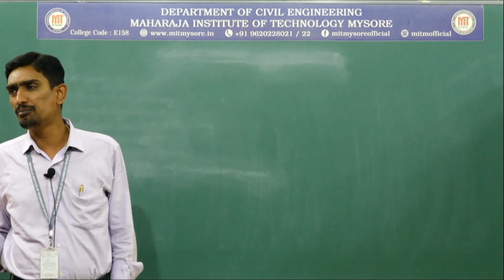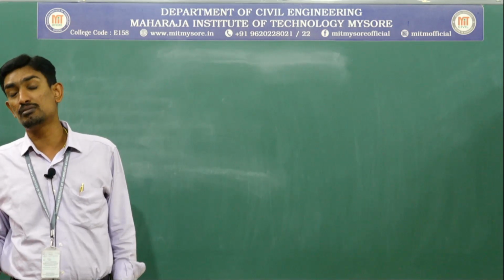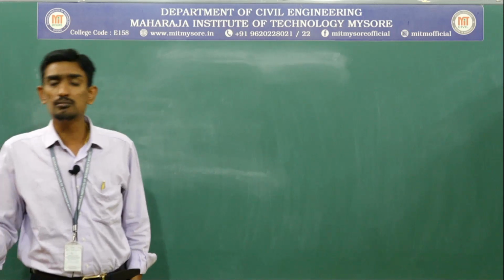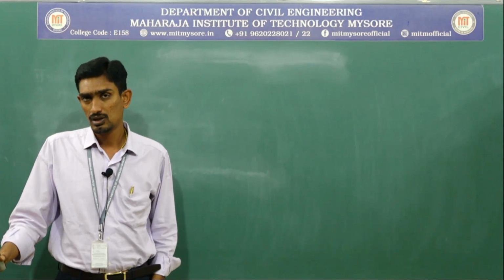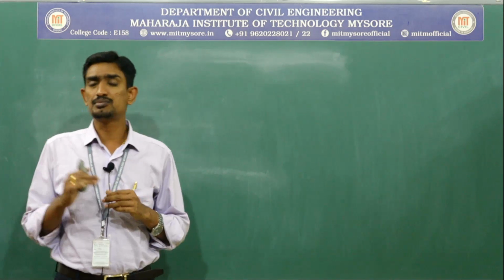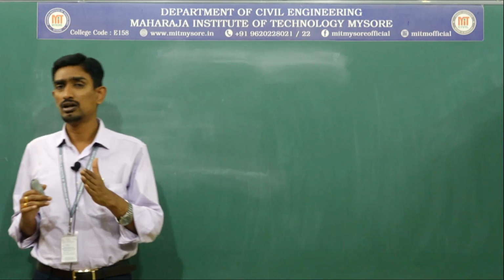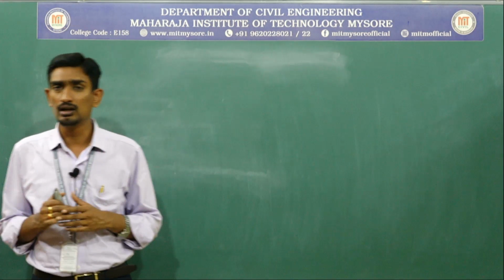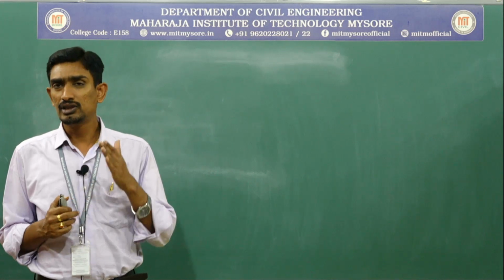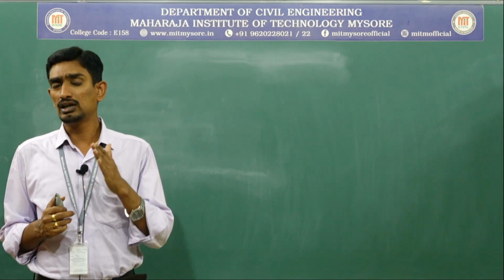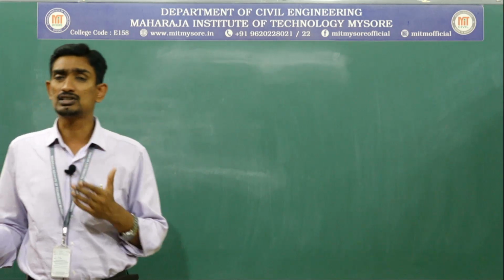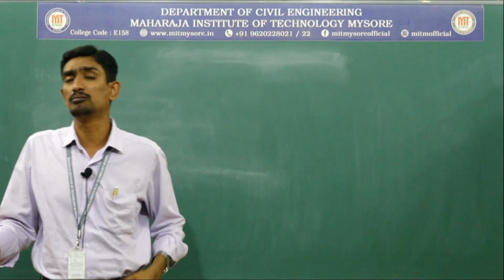And a very important thing one must look into about this gypsum material: gypsum is also used in the manufacturing of cement. This gypsum has one interesting character. If it is within the prescribed limit, the setting process happens neatly. If gypsum is beyond the prescribed limit, it will act as a flash setting, which means immediate setting may happen.